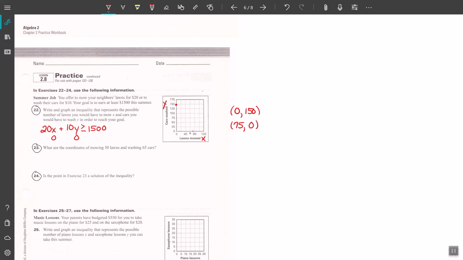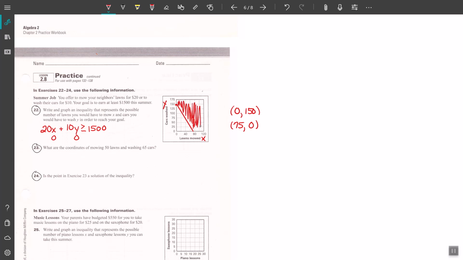Okay, now once we've done that, we're going to connect our two dots with the ruler. And my line is solid because this is a greater than or equal to problem. So the solid line indicates the equals. Then we'll go in and shade all y's that are greater than, which are going to be over here on this side.